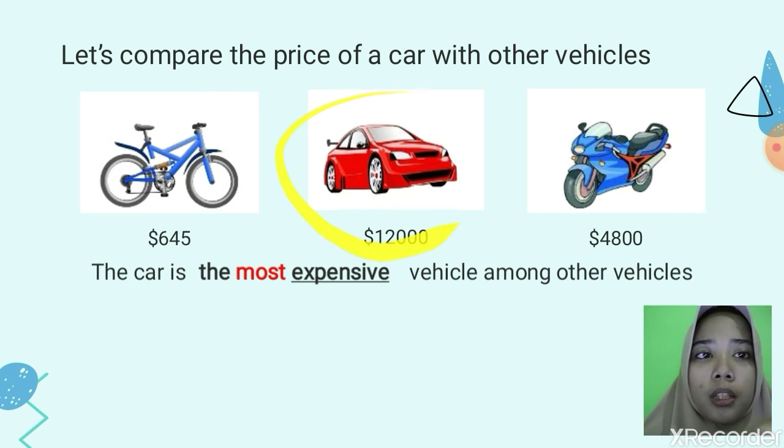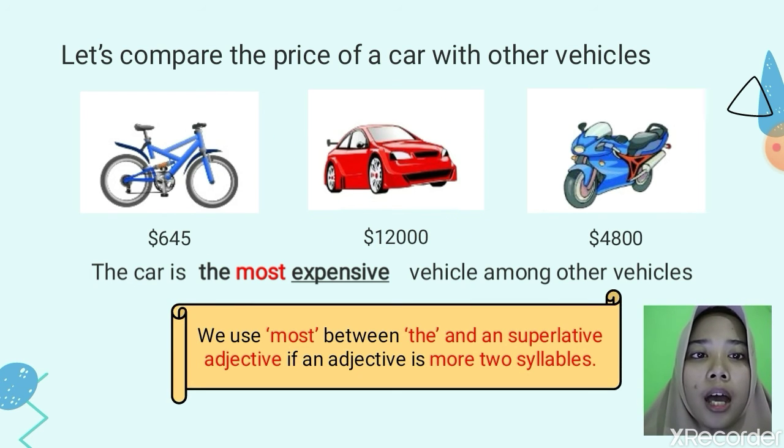Jadi mobil ini adalah yang paling mahal dari yang lainnya. So we conclude that we should add most before the adjective if an adjective is more than two syllables. So we cannot say expensivest, so we should put most before the adjective.